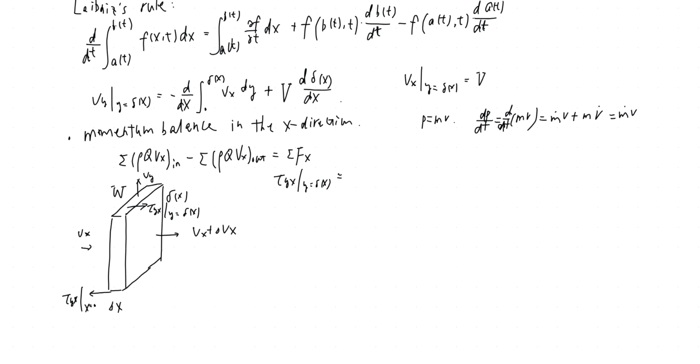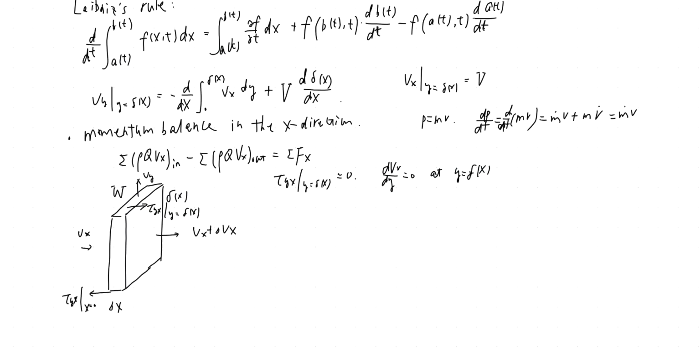This is because right at the boundary, the fluid starts to have the same velocity as the bulk part, so dVx/dy is 0 at y equal to delta x. There is no velocity gradient. That's why no shear stress.